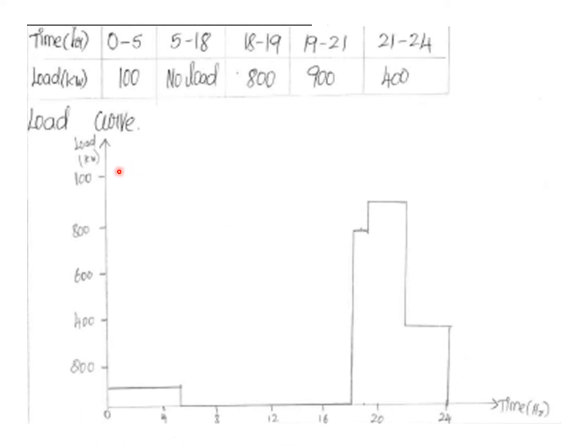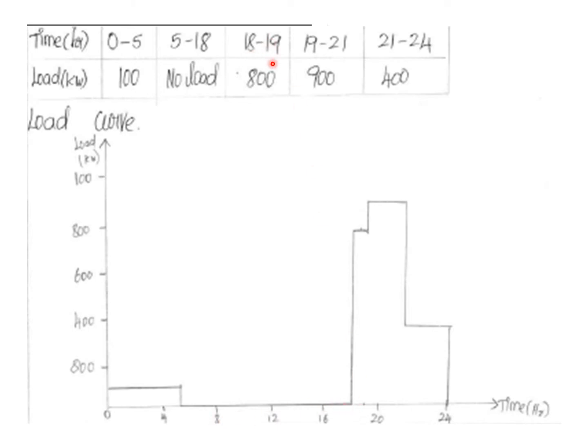On the y-axis load in kilowatt, and on the x-axis time period in hours. So I have divided 24 hours. For the first duration 0 to 5, my load is 100. From 5 to 18 hours there is no load, 0.